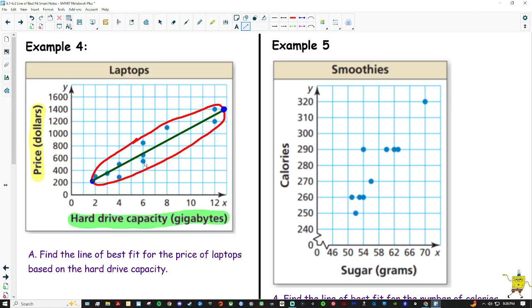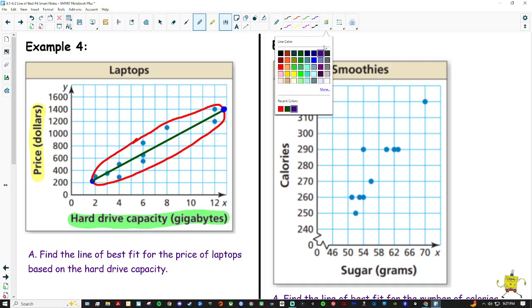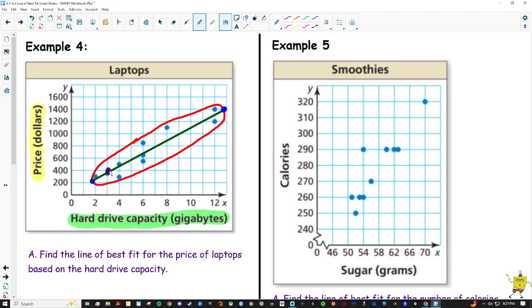Now that we have our estimated line of best fit, this green line, we need to figure out what is the equation of this line. And we're going to use Desmos to help. Now to use Desmos, we need two pretty points. So we're going to do our best to estimate two pretty points that are on this line. So I think this is pretty close to a pretty point. And if I keep following along, I want one way on this end.